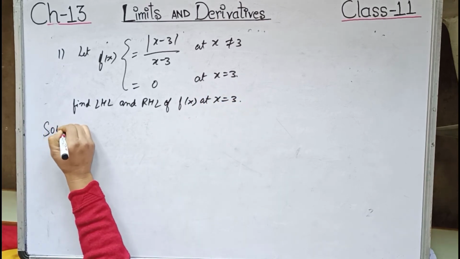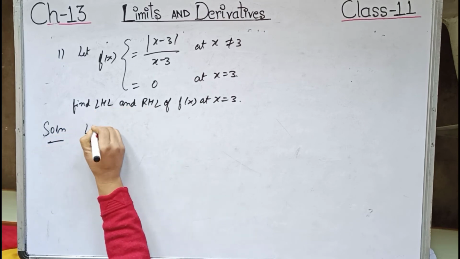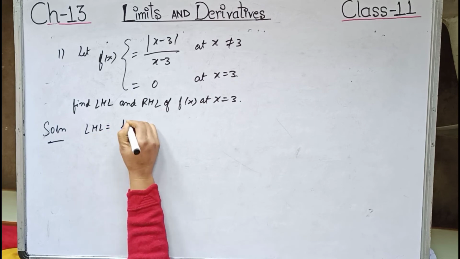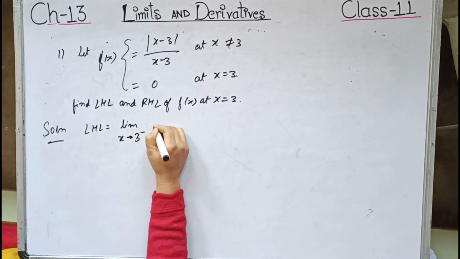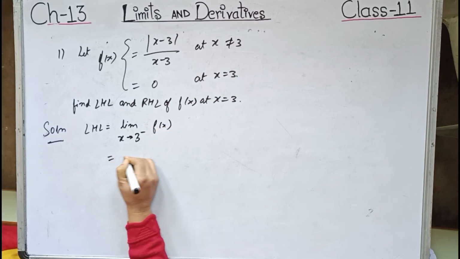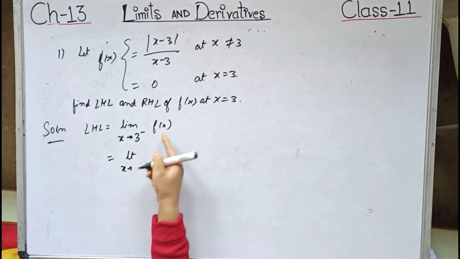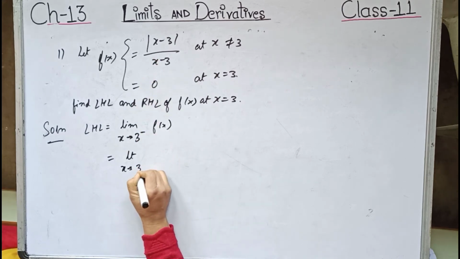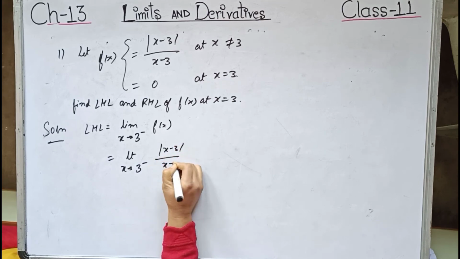Now in the solution part, as I said, clearly you will write LHL equals limit x tending to 3 minus f(x) equals limit x tending to 3 minus of mod of (x minus 3) by (x minus 3).